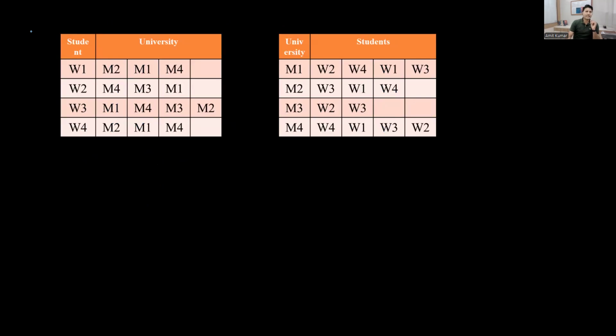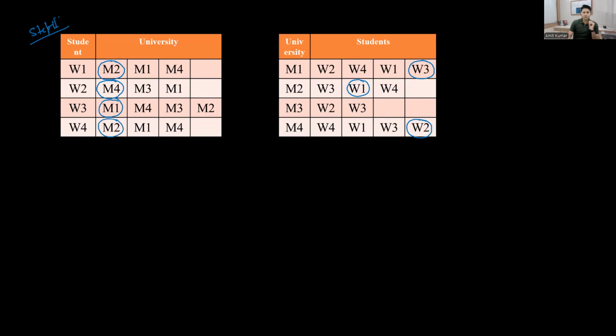So now, step number 2, I interchange the positions. Now W1 proposes to M2, and M2 accepts W1. This is the first offer received. W2 proposes to M4, M4 will accept W2. W3 approaches M1, M1 will accept this W3.